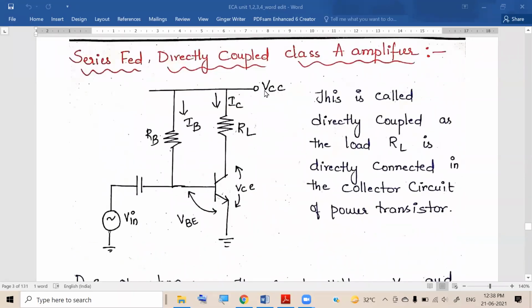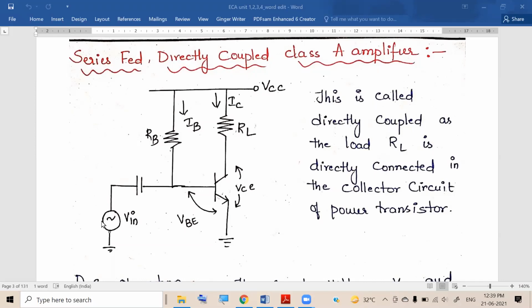the power supplied by the DC source is large. Power supplied by the AC input source, isn't it? Only the input source will supply power. So the power supplied by the AC input source is very less.